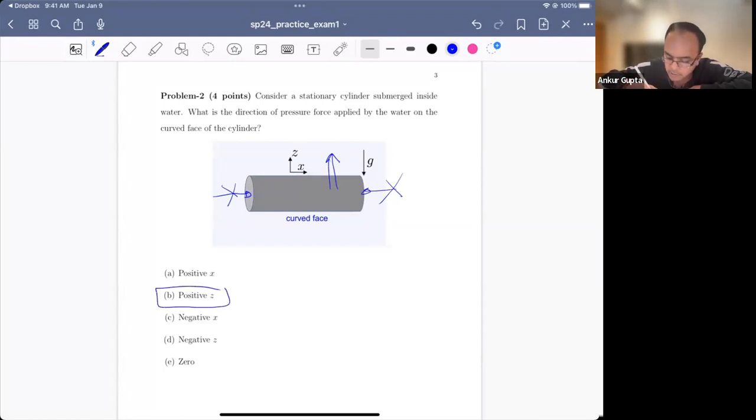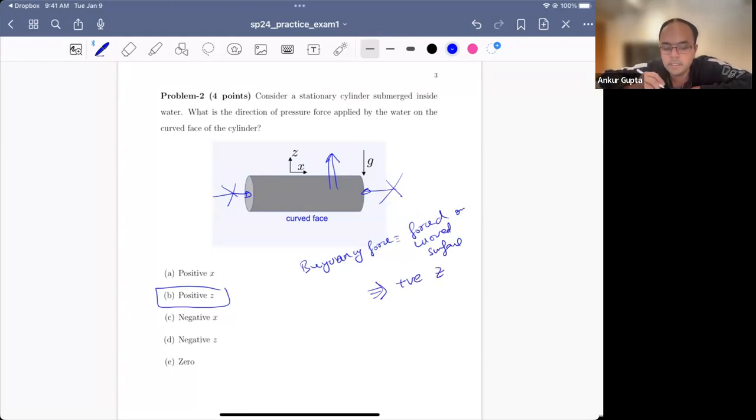So you can say buoyancy force is equal to force on curved surfaces, because the side faces just cancel out. So this is positive C. So simple, that's it. Note this is a little different because the cylinder is laying flat.